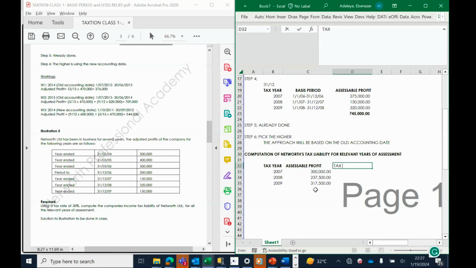What will your tax liability be? They already told you the rate, 30% in the question. So all you have to do now is very simple: just take 30% or 0.3 times assessable profits. It gives you your tax. Are we communicating? So that is all that is required of you.